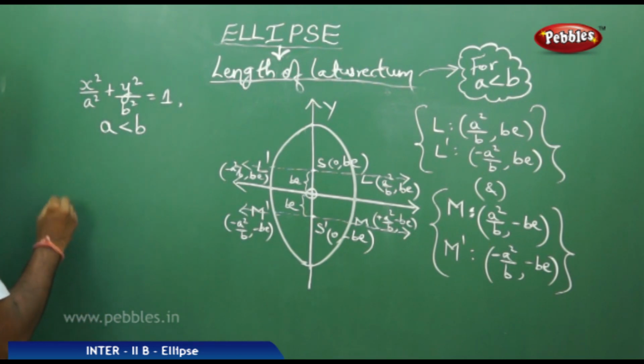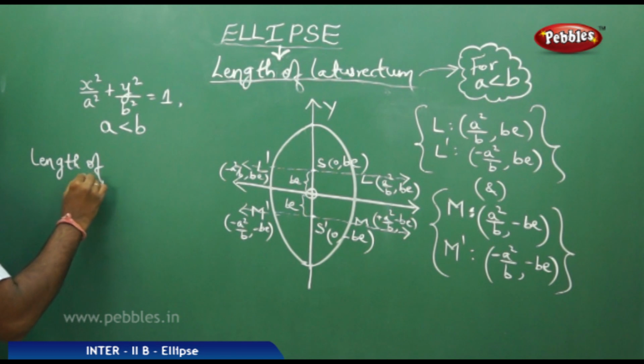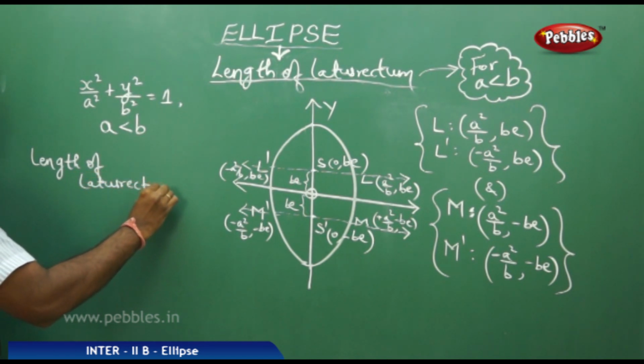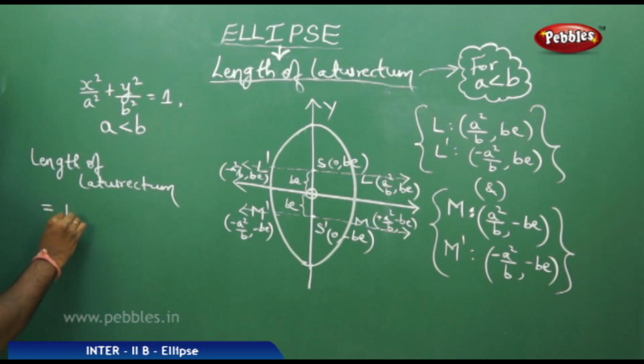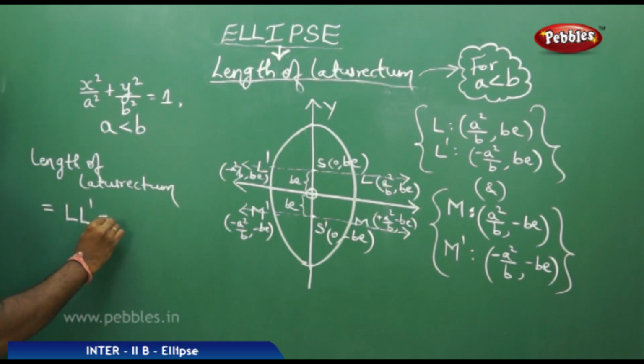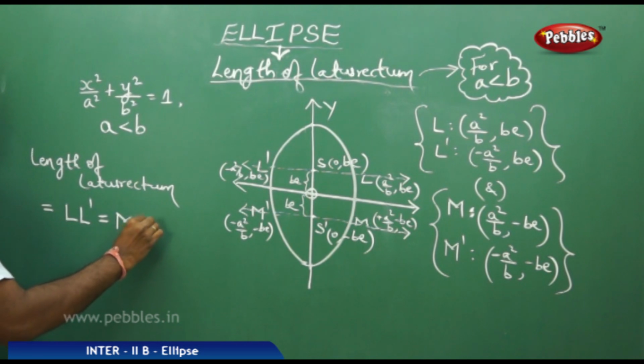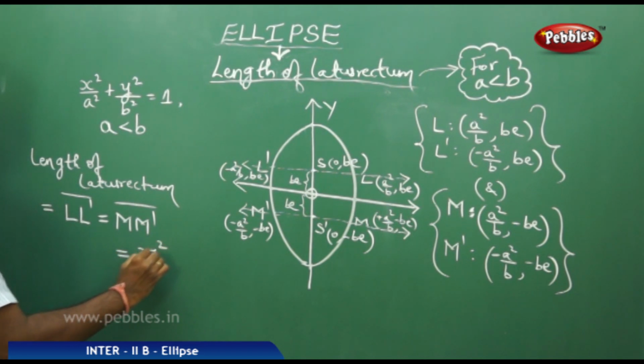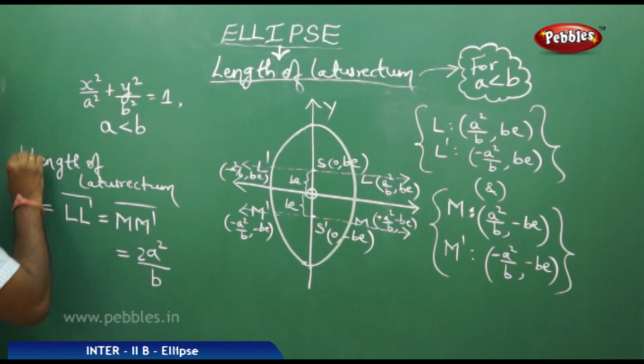Coming to the length of the latus rectum, which is given by LL dash and also by MM dash, because both are equal, the formula is 2a square by b.